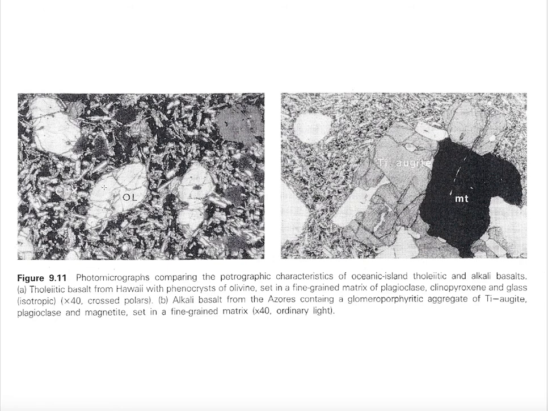So we have huge olivine and these small fine-grained plagioclase needles. In B, we have an alkali basalt from the Azores, which contains glomeroporphyritic aggregates of titanaugite, plagioclase, and magnetite.